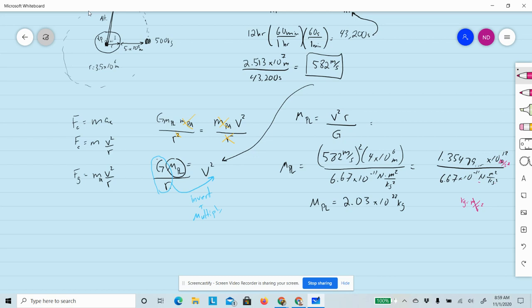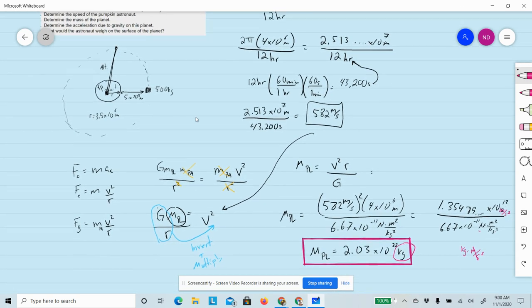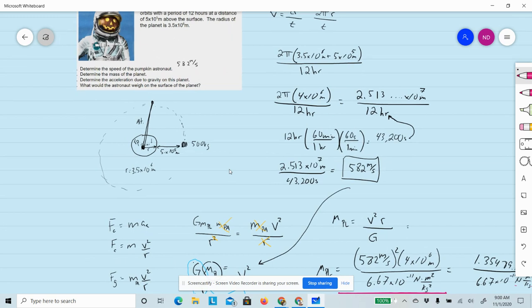Meters per second squared is the A. So we just end up with kilograms. And that is the answer for the mass of the planet: 2.03 times 10 to the 22nd kilograms.